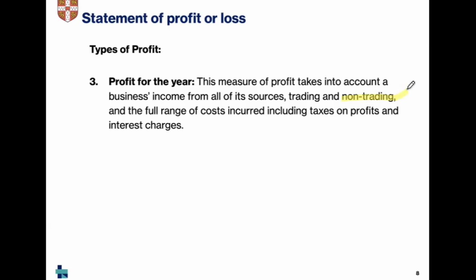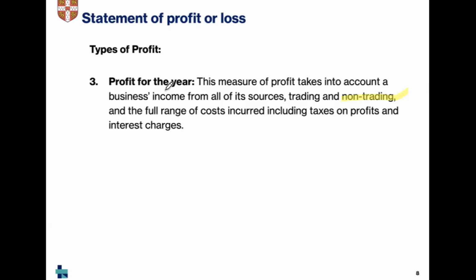So all this income from non-trading activities must be added to the operating profits to get the profit of the year. The other side of the coin is that if there are any activities that also take money away from the business, for instance, the business went for a loan to buy an asset, and the business is paying interest on this loan.